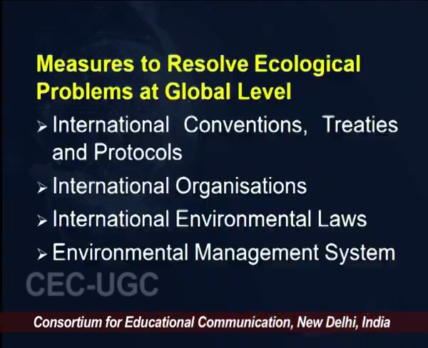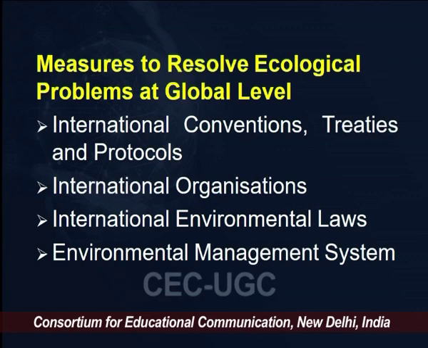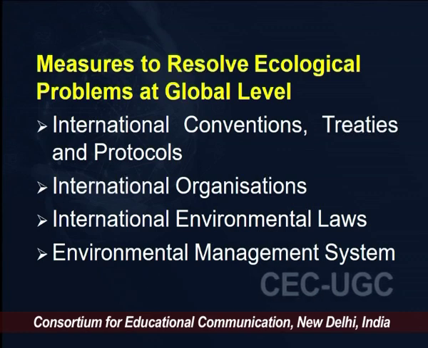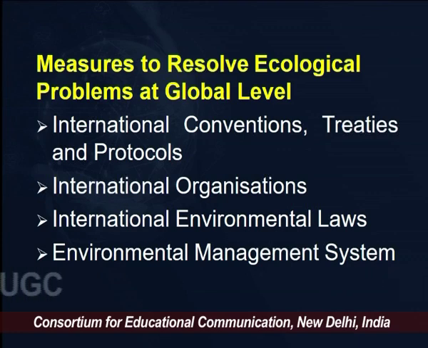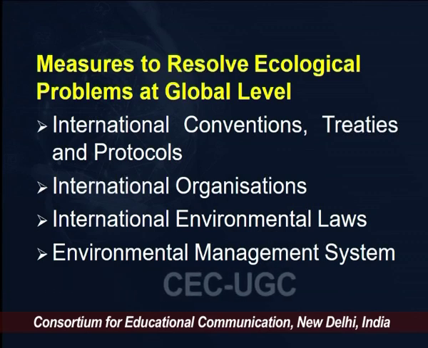So, what are the measures to resolve ecological problems at global level? It can be classified into 4 categories. The first one is international conventions, treaties and protocols, international organizations, international environmental laws, environmental management system. So, let us discuss them in detail one by one.